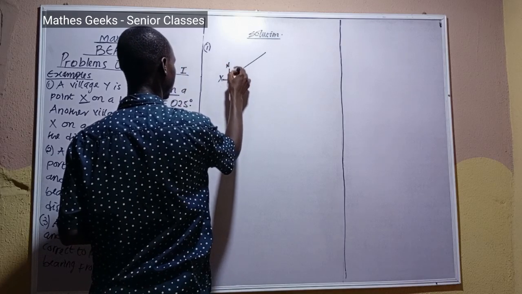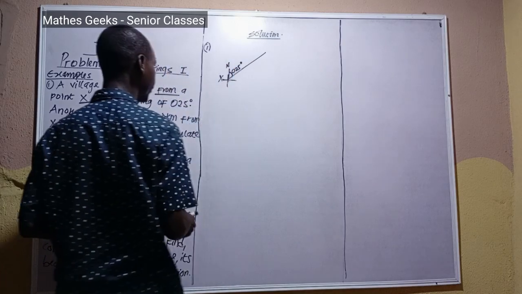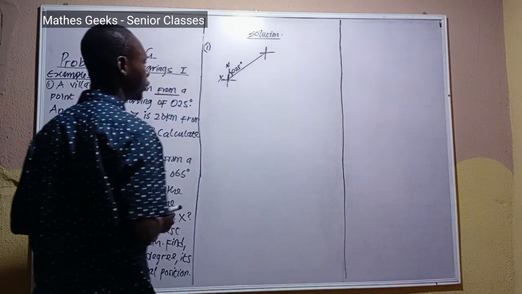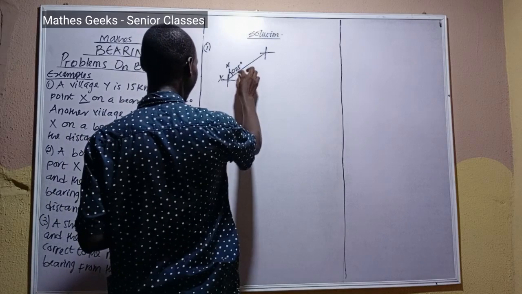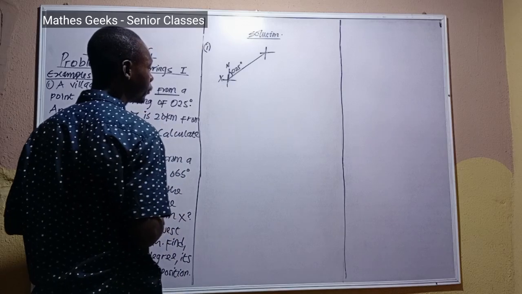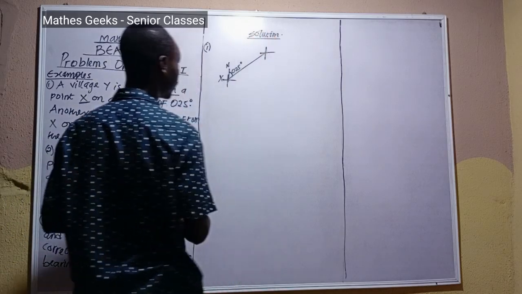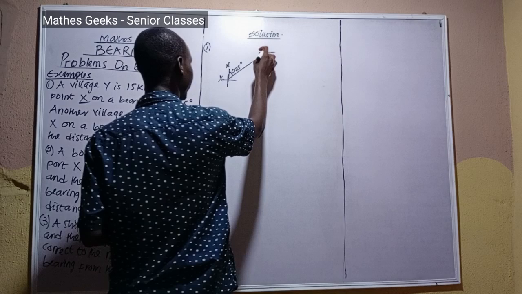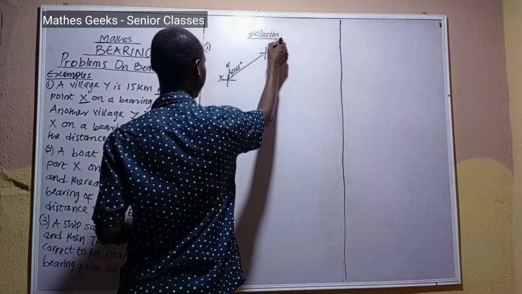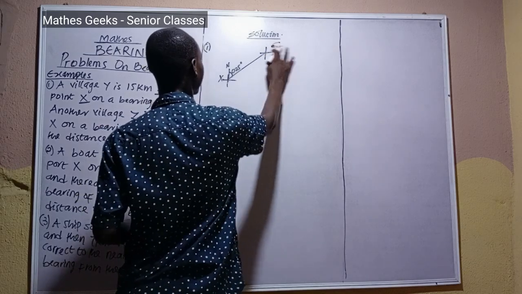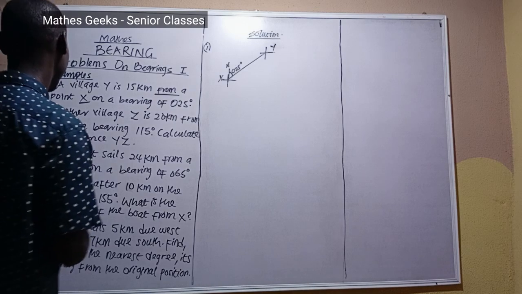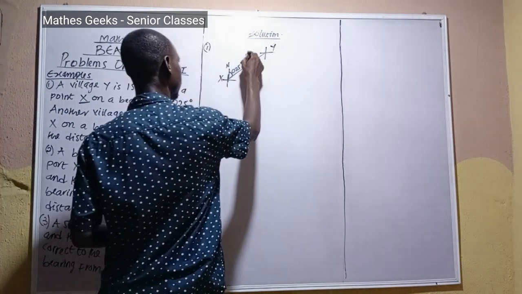So from the north, 025 degrees, and this is point X. Wherever it meets, you draw your compass there also, and make sure that this line falls naturally into one of the planes of the cardinal points of the compass, and in this case it will fall into the first quadrant naturally. So this is point X, and this is point Y. We're given a distance of 15 kilometers.